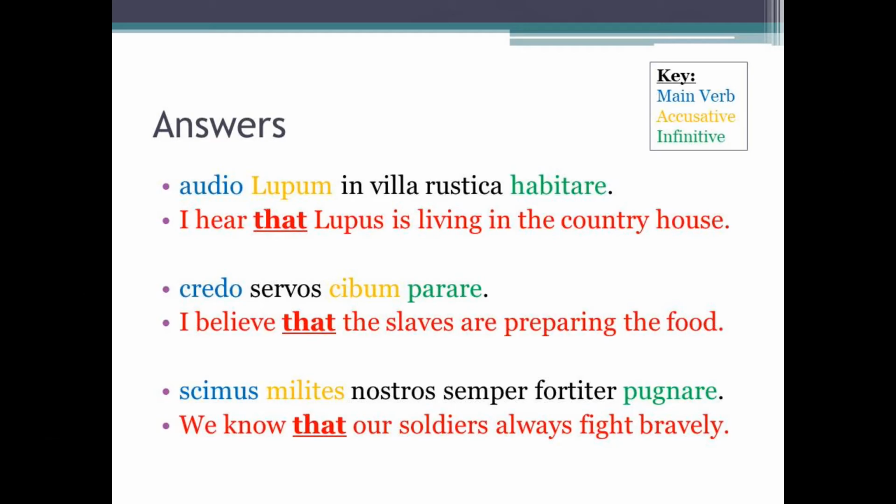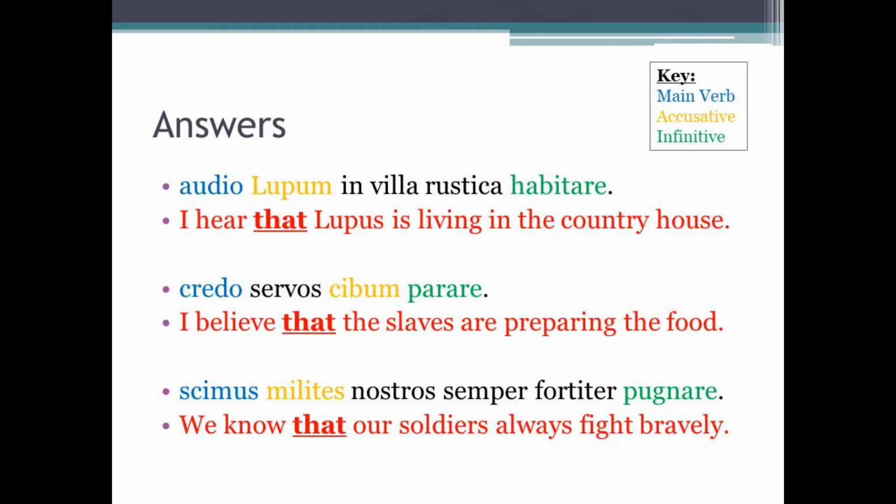Audio lupum in villa rustica habitare. I hear that Lupus is living in the country house. Credo servos cibum parare. I believe that the slaves are preparing the food.